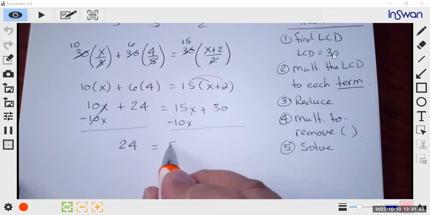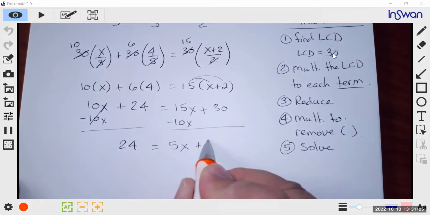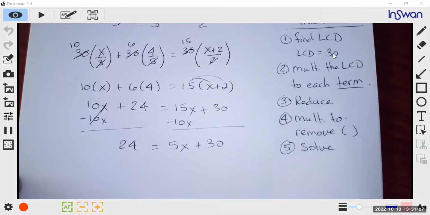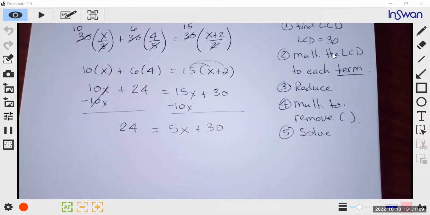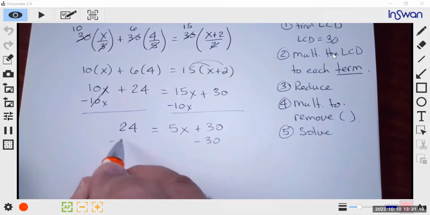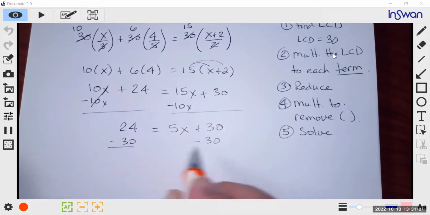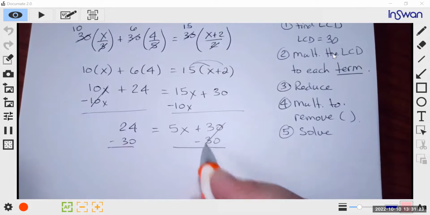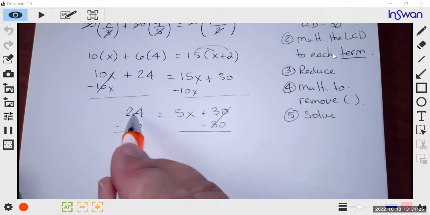15 minus 10 is 5. Now you have all the x's to one side. Whatever's not x goes to the other side. So get rid of the 30. 30 is bigger than 24.